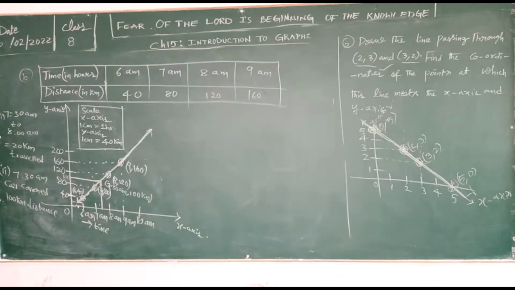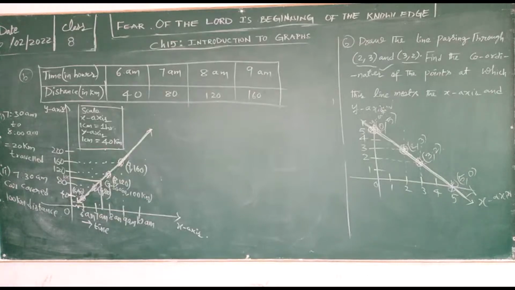That is, the time is 7:30 a.m. when the car has covered 100 kilometers distance. Or simply we say that 100 kilometers was reached by the car at 7:30 a.m. Okay? That is about your question B, parts 1 and 2.